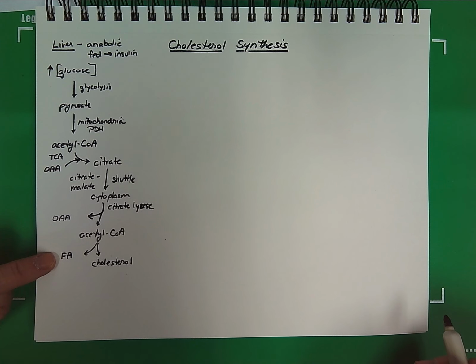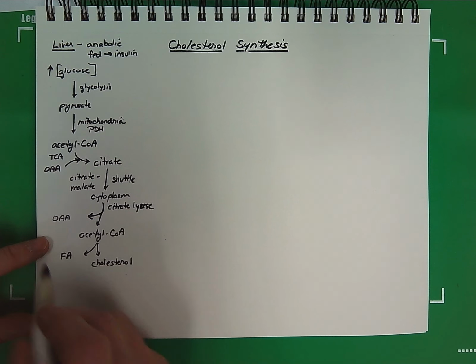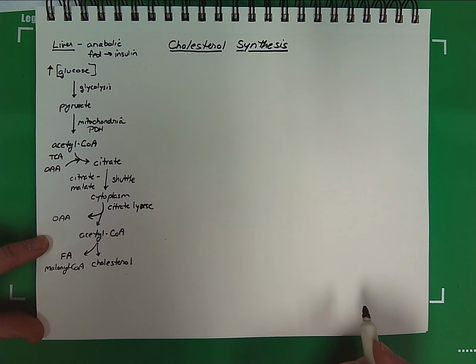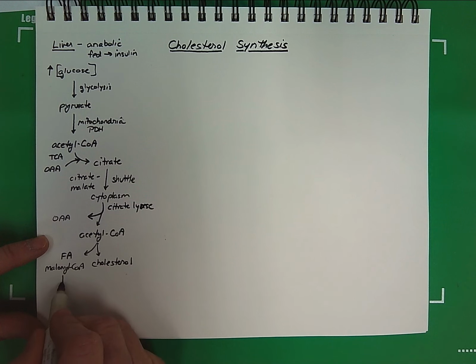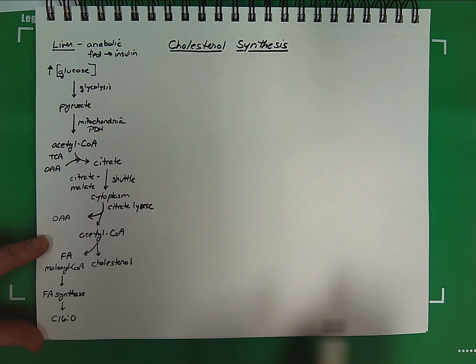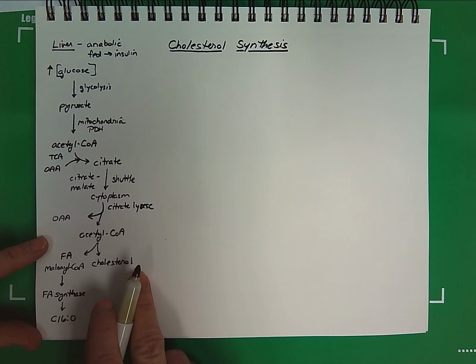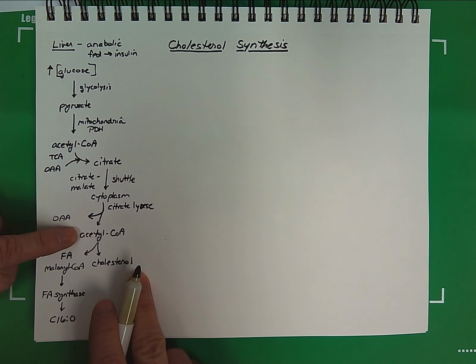So recall, for fatty acid synthesis, the acetyl-CoA molecule needs to be converted into malonyl-CoA. Then the acetyl-CoA and malonyl-CoA are processed by the fatty acid synthase complex to generate ultimately our C16 palmitate fatty acid. Now for cholesterol synthesis, we're going to take a slightly different path for our acetyl-CoA in the cytoplasm.